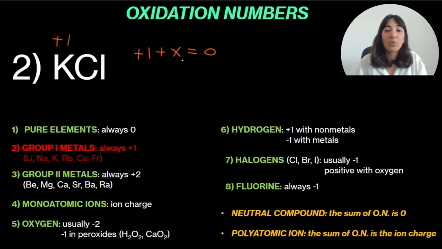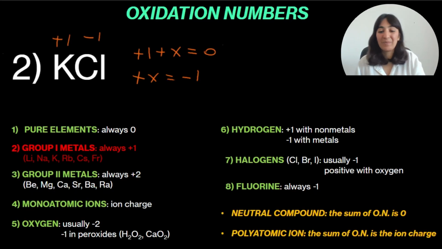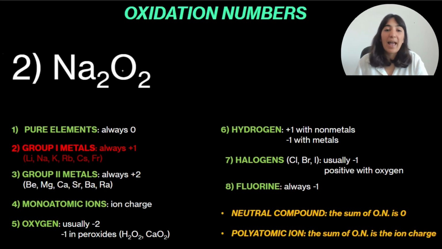And now we have to isolate this x. We write +x equals -1, because we have moved this +1 onto the other side of the equation and we have changed the sign. And this is the oxidation number of chlorine, -1. Very simple. Let's move on.